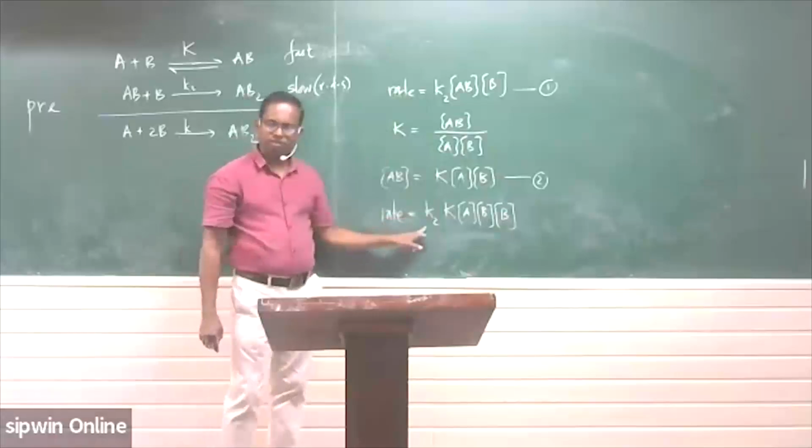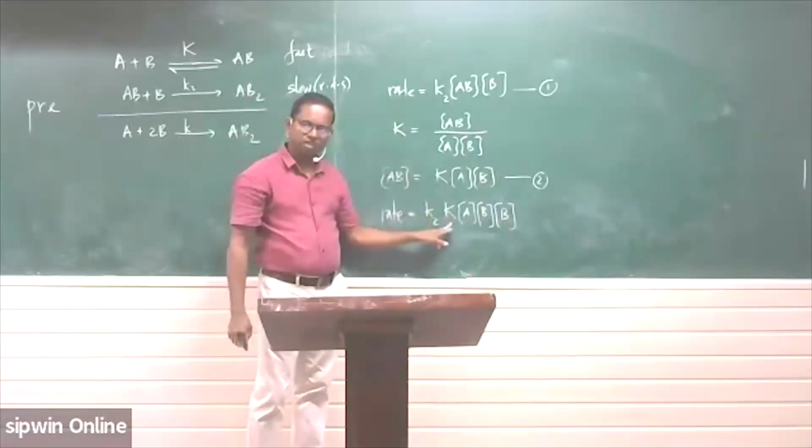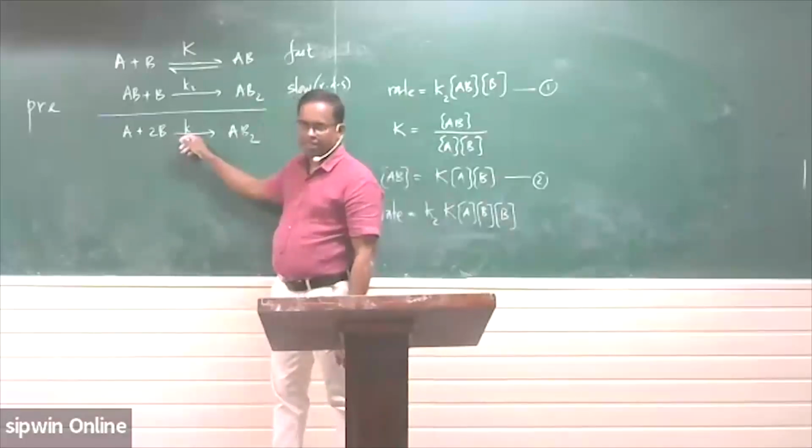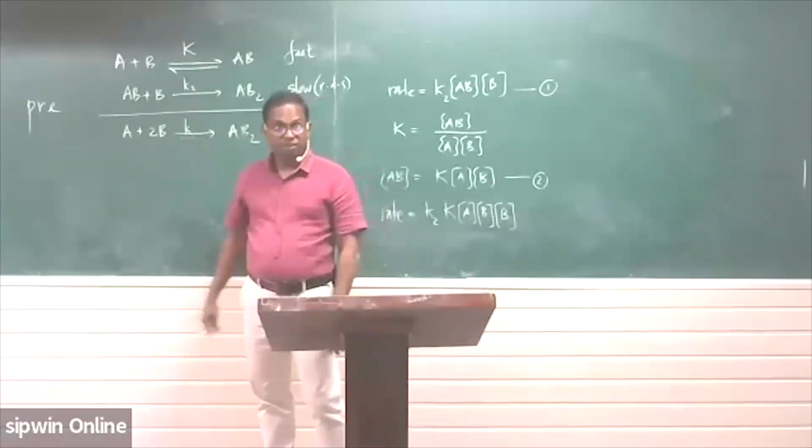This one is a constant, this one also a constant. Collect them together. That is the simple K, the rate constant of the overall reaction.